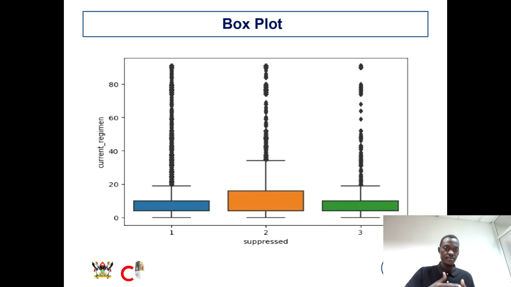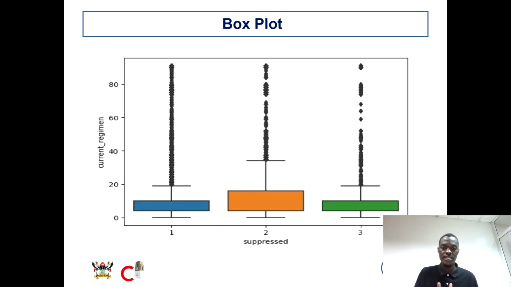They are all intact. There is no separation, which shows that they are responding to treatment, meaning they are adhering to ARVs. Then patients on number 2, these are responding fairly.